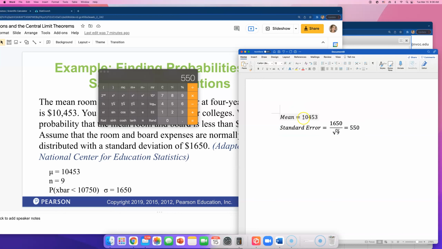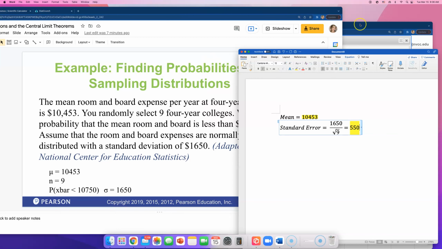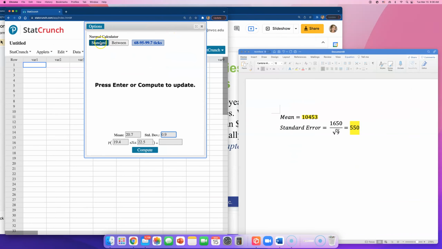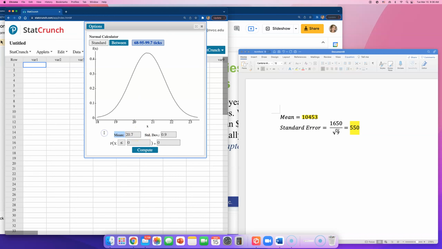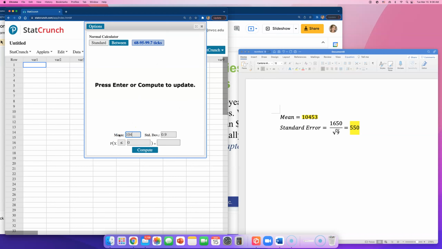So this 550 is the number that I'm going to use on my normal calculator. Over here on the normal calculator, I will type in the mean of 10,453 and standard deviation of 550. Now, what was it that they wanted?